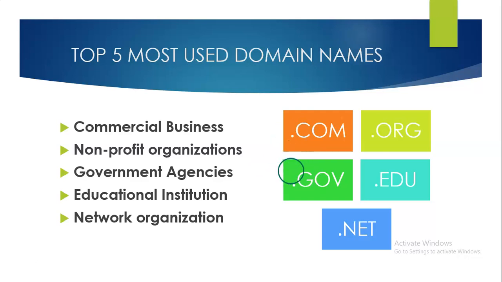The next one is the .edu domain name, meant for educational institutions. And the last one, .net, is meant for network organizations. Take note of those domain names. They are very important, so that you don't use a .edu domain name for a commercial business.